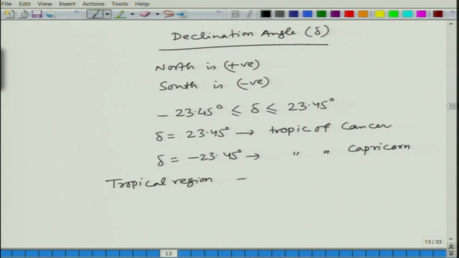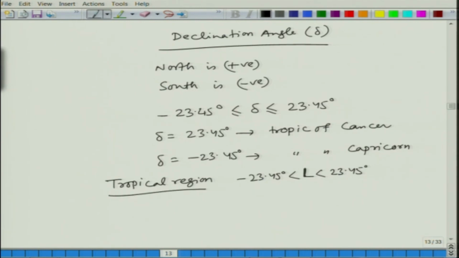So, latitude is between positive 23.45 degrees and negative 23.45 degrees. That region we call the tropical region.